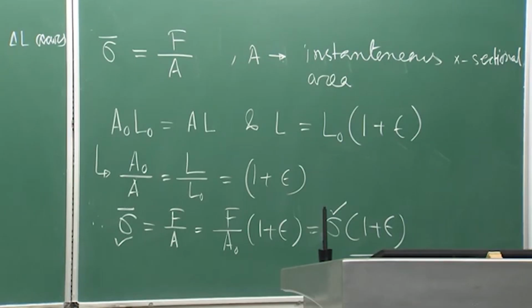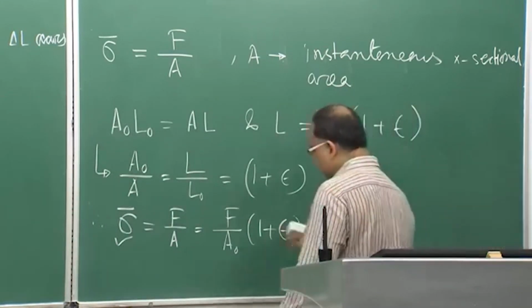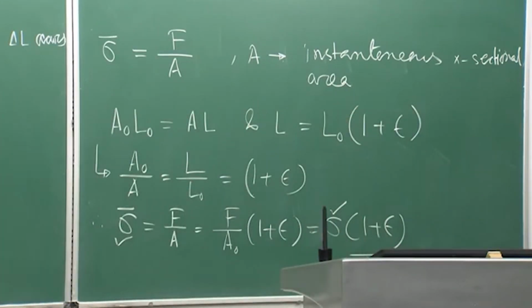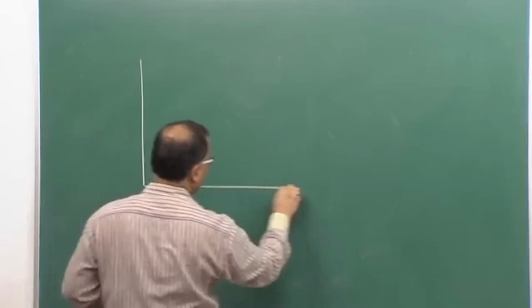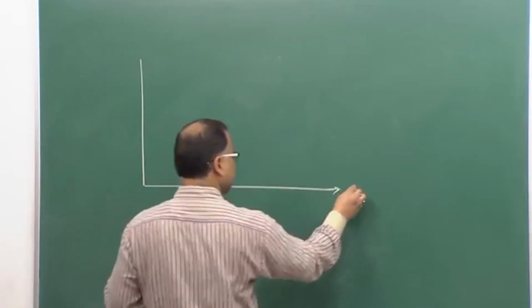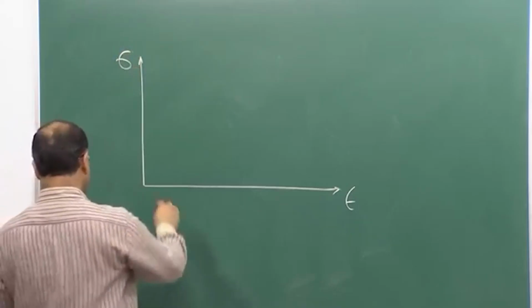Okay. Now, if you plot the true stress as well as engineering stress versus true as well as engineering strain, then how will the stress strain curve look like. So, this is your strain, this is your stress.